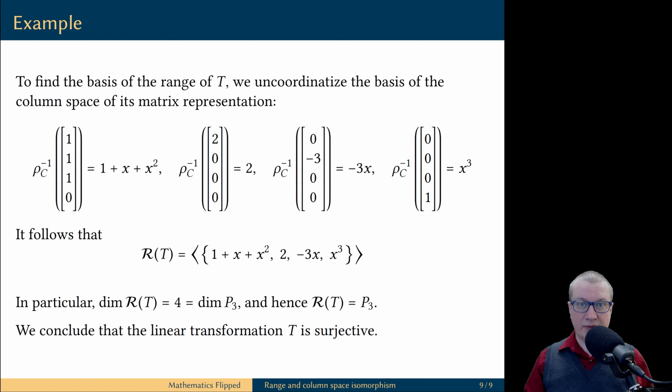A subspace of a vector space which has the same dimension as the vector space must be already equal to the entire vector space. Therefore, the range of T is equal to the entire vector space of polynomials of degree at most 3, and in particular, this tells us that T itself is a surjective linear transformation.